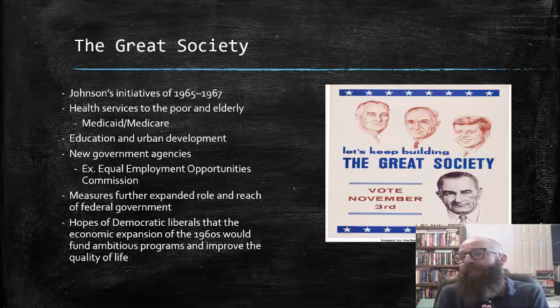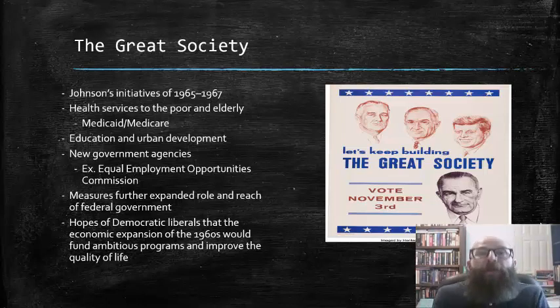This was the name of a series of initiatives that the Johnson administration put in place between 1965 and 1967. Such initiatives included health services to the poor and elderly, the Medicaid and Medicare programs, efforts for education and urban development, as well as new government agencies such as the Equal Employment Opportunities Commission.